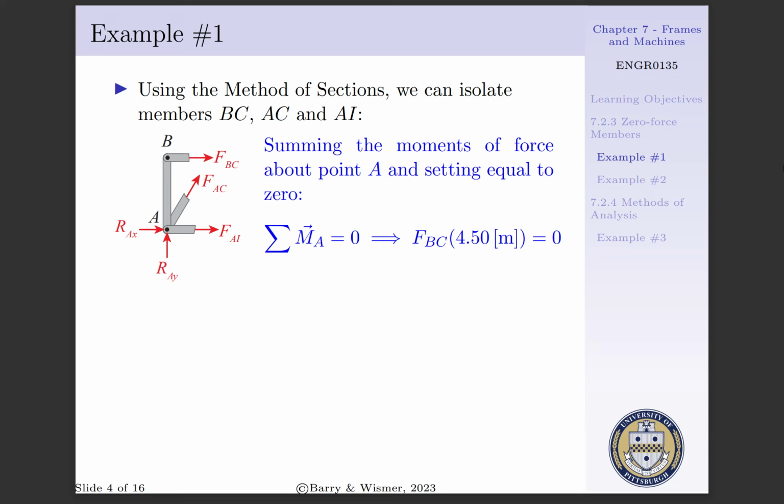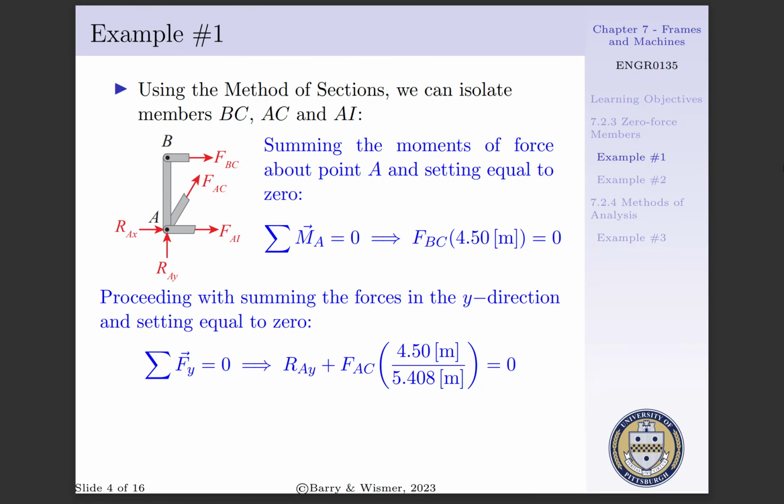As we see, RAX, RAY, FAI, and FAC all have lines of action that intersect point A and thus do not contribute to the moment. The only internal reactionary force that does contribute to our moment is FBC. Thus, the sum of moments about point A tells us FBC times its moment arm, which was 4.5 meters, must equal 0. And the only way this expression is satisfied is if FBC is equal to 0.